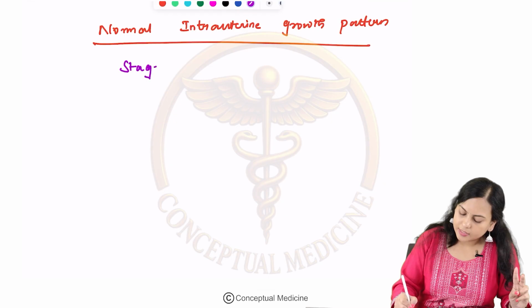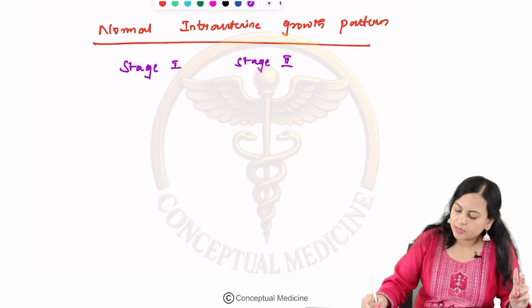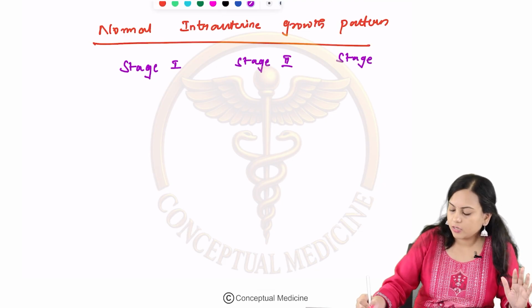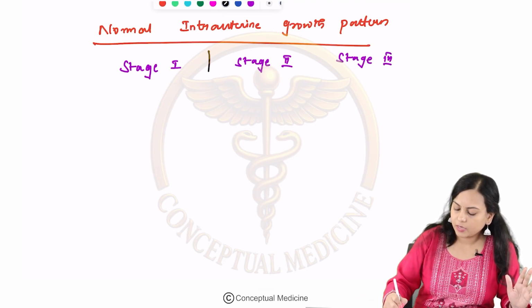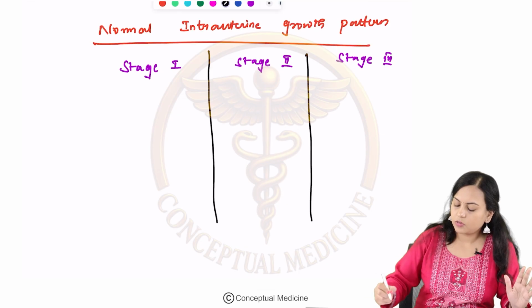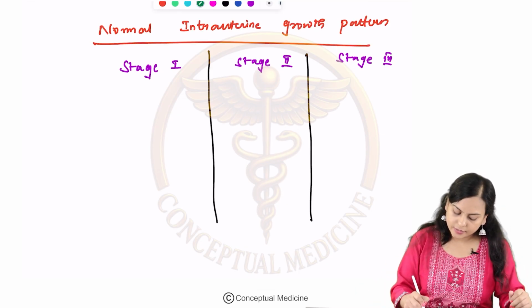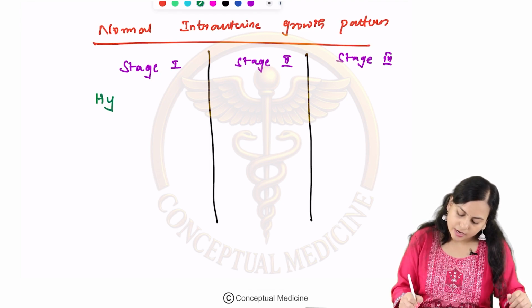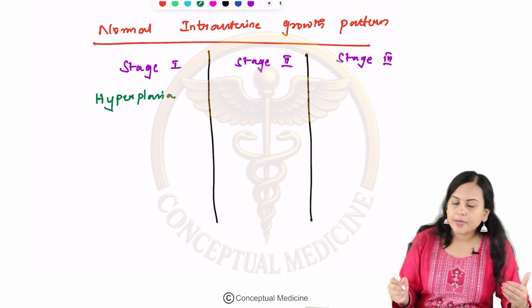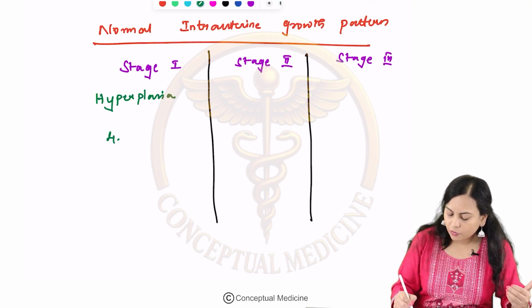So we'll take it as stage 1, stage 2 and stage 3. So what is happening in stage 1 is there is hyperplasia alone, and this will be happening between 4 to 20 weeks of gestational age.